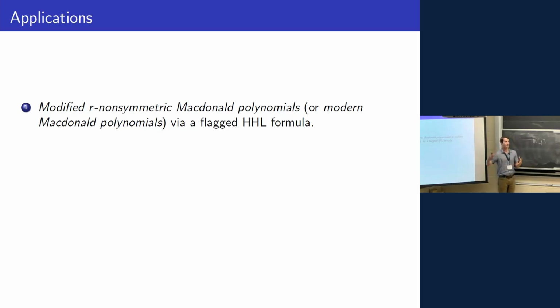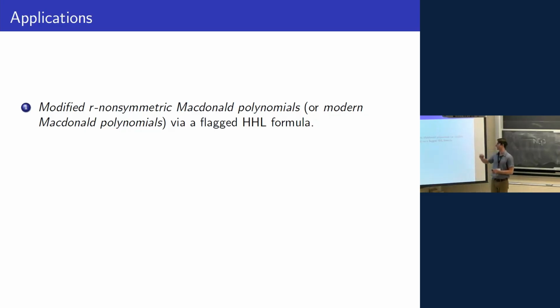Remember, they had a Haglund, Haiman, Loehr formula in terms of LLTs. We were able to replace that with flagged LLT polynomials and get a special variation on a non-symmetric version of Macdonald polynomials that are distinct from typical non-symmetric Macdonald polynomials.